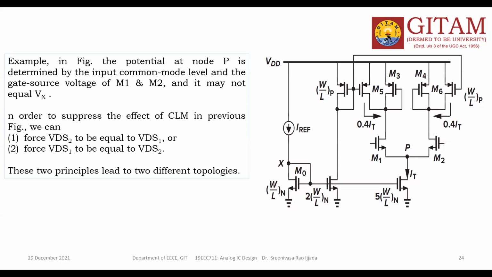In this figure, the potential at the node P is determined by the input common mode level and the gate-source voltages of M1 and M2. This is M1 and this is M2, this is VGS2 and this is VGS1. So VP is determined by the potentials on both sides, VGS1 and VGS2. Got it? And it may not be equal to Vx.